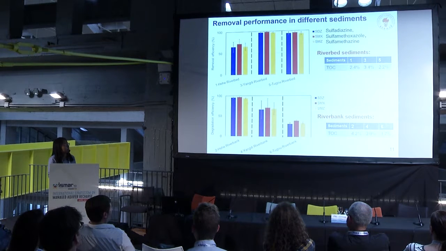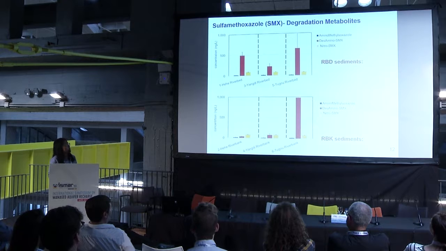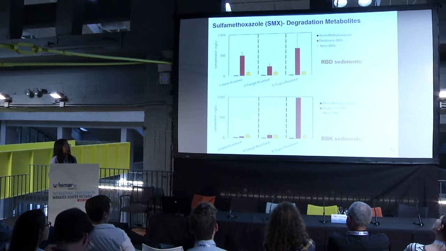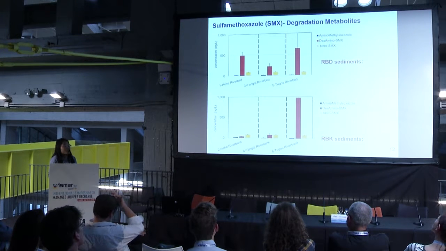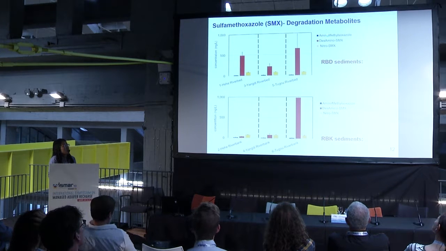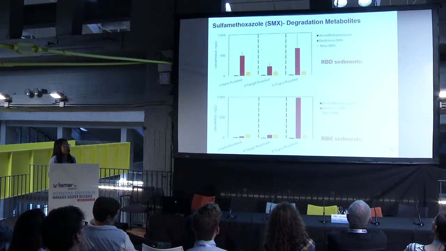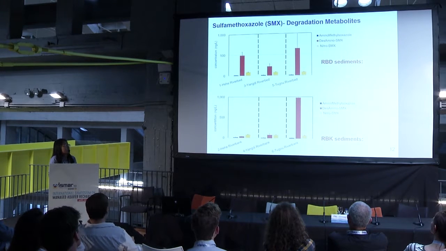Besides the removal performance, we also measured the degradation metabolites. So 3 often reported metabolites were included in the measurement: the amino metabolites and nitro metabolites. This is different river sediment as shown in the last picture, and this is the concentration of the measured metabolites.